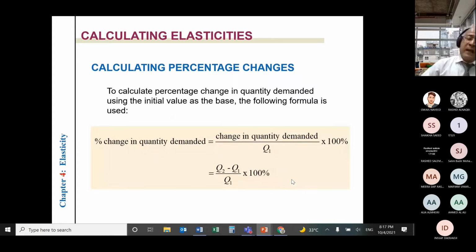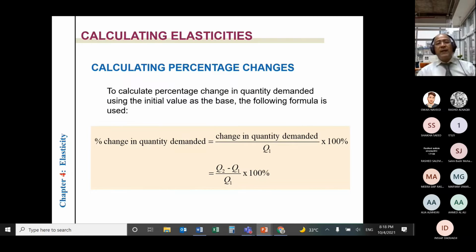So again, we come back to how we calculate price elasticity of demand, if you remember the last question I raised.